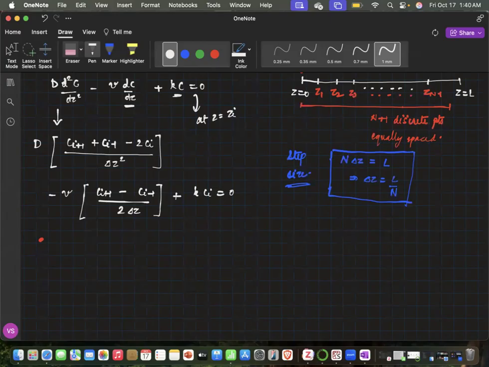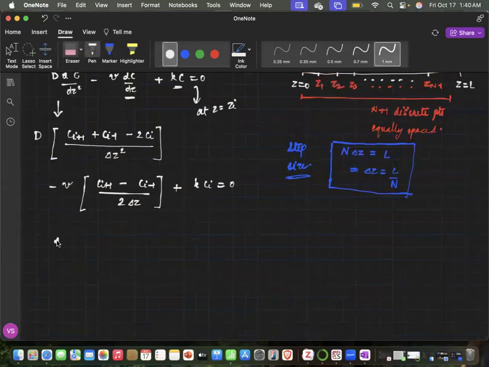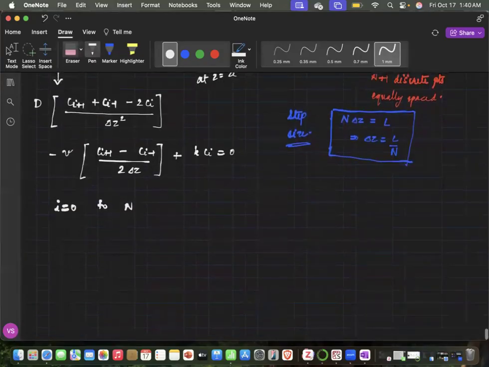Now, clearly, your i goes from 0 to n, right? So that implies there are n plus 1 values of i. There are n plus 1 possible values that i could take, right?